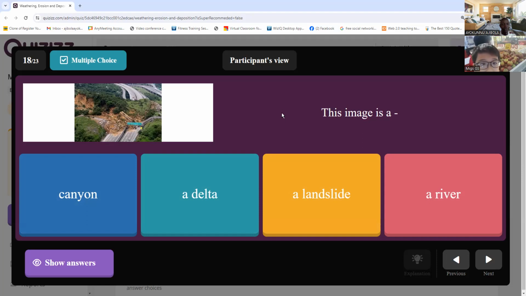So which one do you go for? A landslide. Yes, it's a landslide because you can see the soil or rock particles have covered the road. They all slid over the road, and that could be disastrous. You can see the road is no more continuous, right? It would take a lot of effort to move those earth particles away from the road so that vehicles can ply the road again. Okay, all right, let's go to the next question.